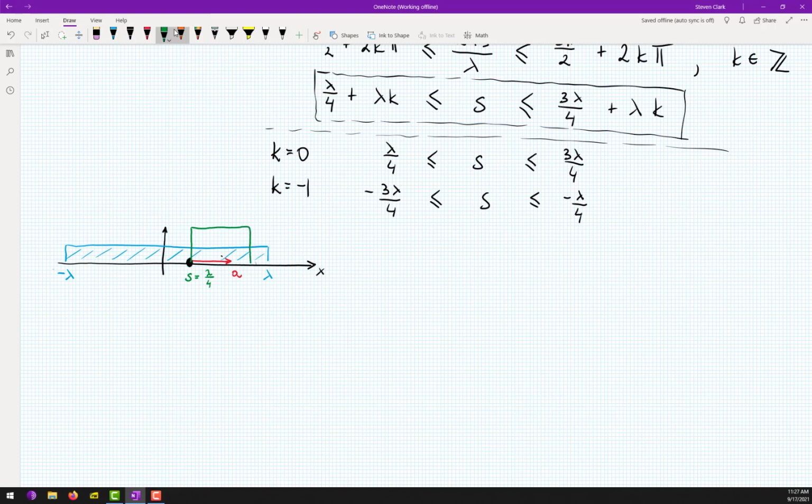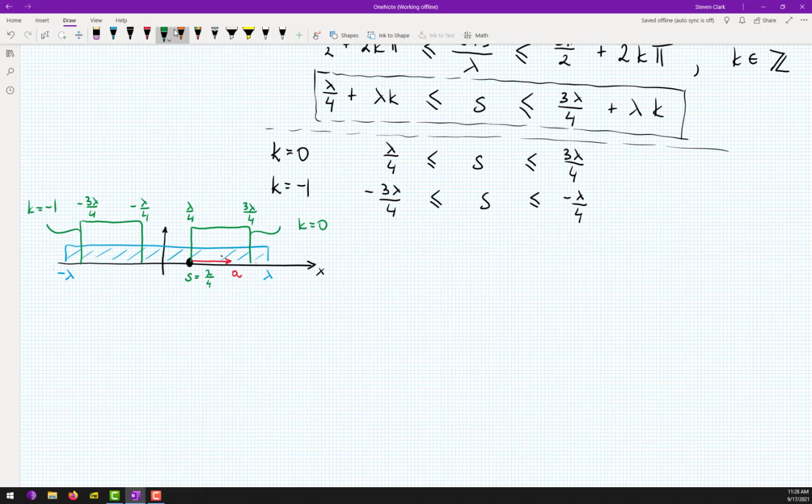We start from lambda divided by 4, and we are going to 3 lambda divided by 4. There's also another region here, for k equal to minus 1. It starts from minus 3 lambda over 4, and it ends at minus lambda over 4. Okay, we ended up with two regions.